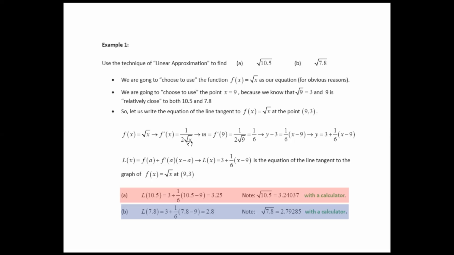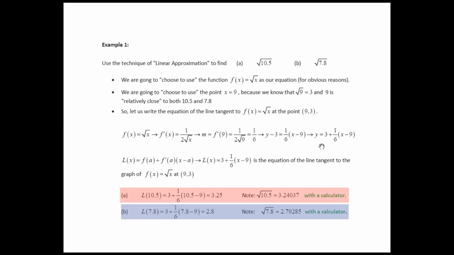We want to find out what it is when you put in 9, so that's 1 over 2 times the square root of 9, or 1/6. So that means y minus the y coordinate is the slope, 1/6 times x minus the x coordinate, or if we put it in the form of this, it looks like this. That's the equation of the line tangent to the graph at that point.